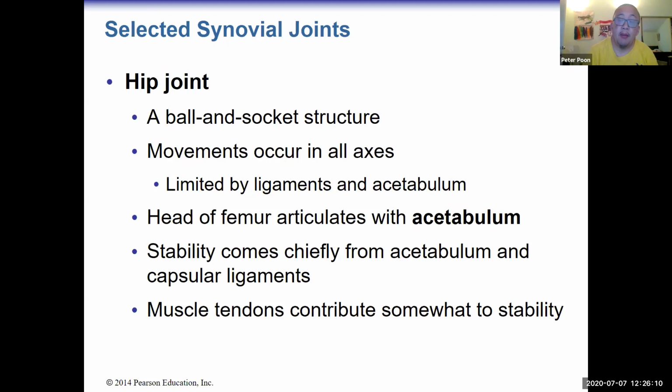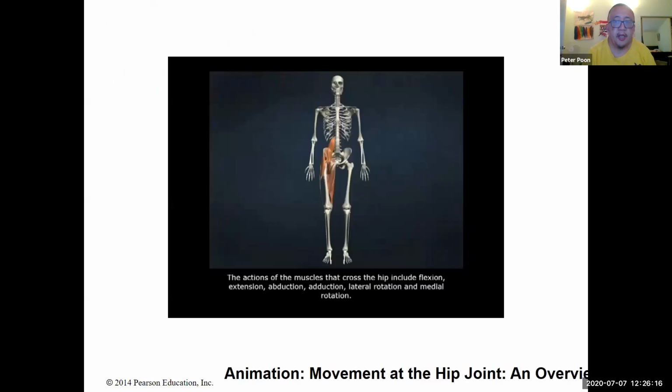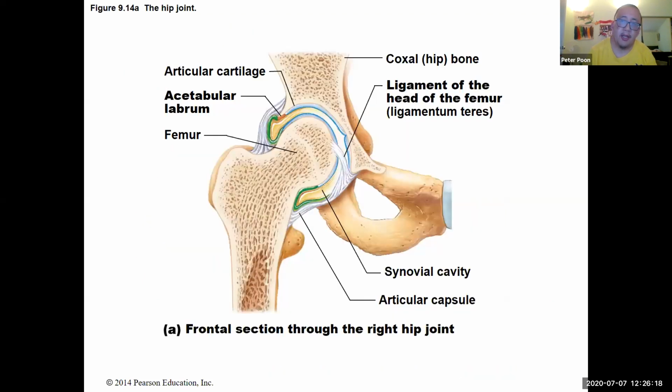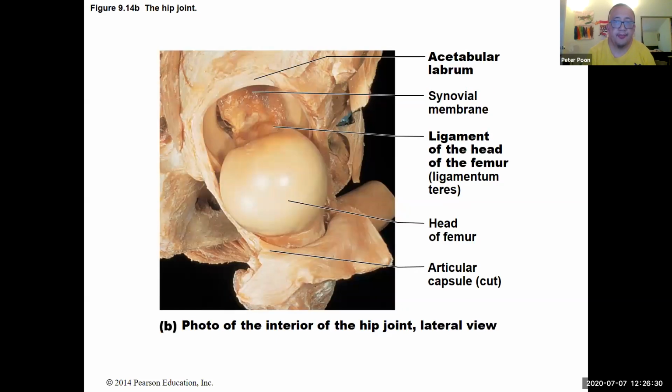The hip joint is a ball and socket joint, so you can see how deep that is and how stable that is. The hip literally curves around the femur to hold it in place.